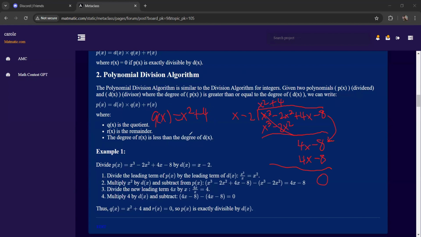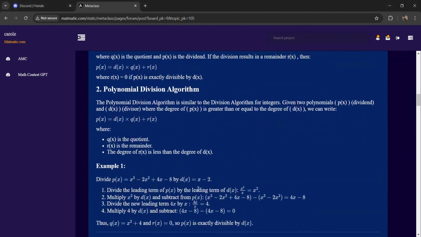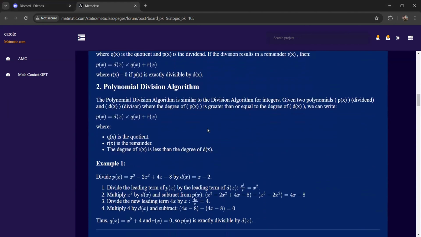And r(x) is equal to 0, which means that x minus 2 can perfectly divide our polynomial x to the power of 3 minus 2x to the power of 2 plus 4x minus 8. Do you guys have any questions about that? No questions? Okay.